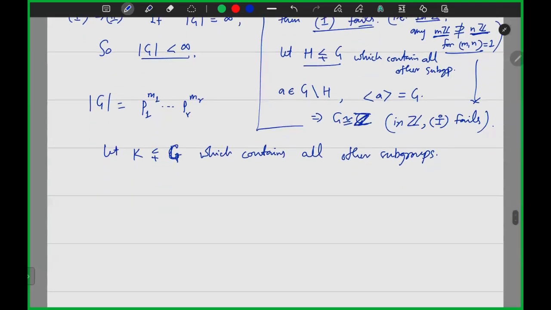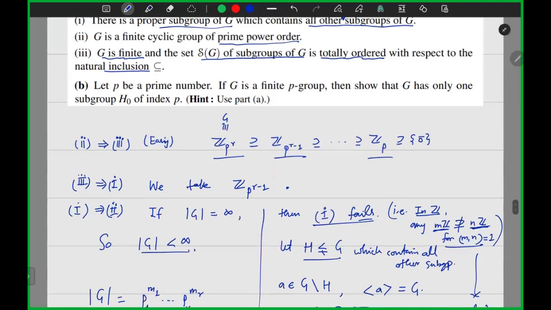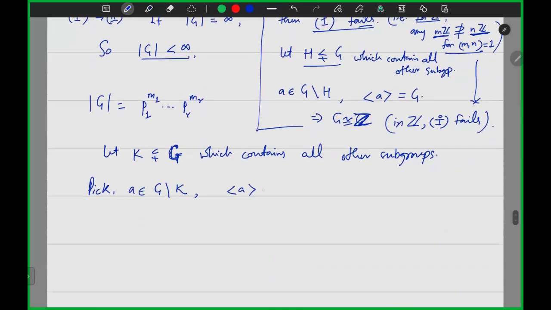Then, because K is not equal to G, pick an element a from G, not from K. Then what will happen to the cyclic subgroup generated by a? This will be contained in G, but this will be equal to G, right? Nice.